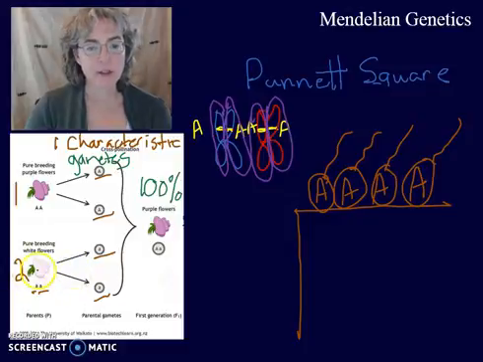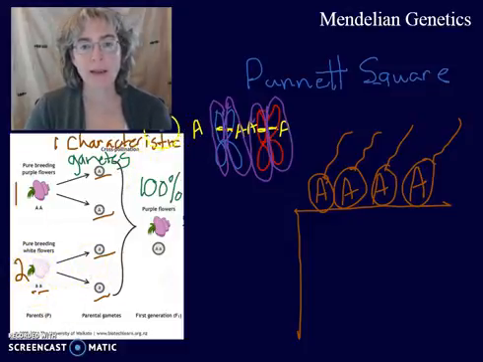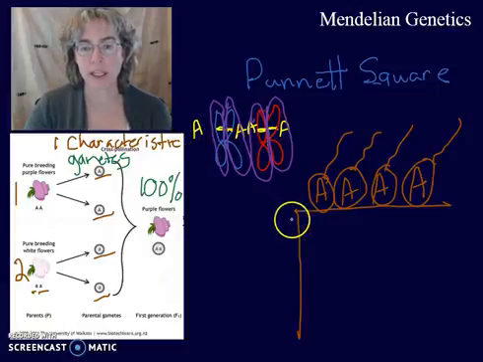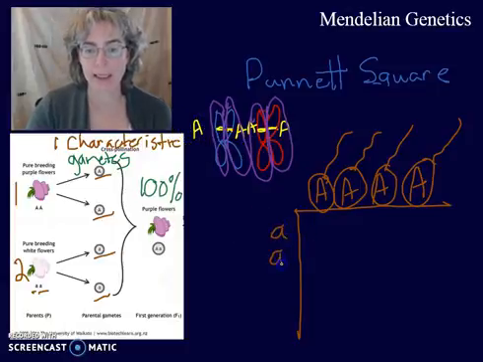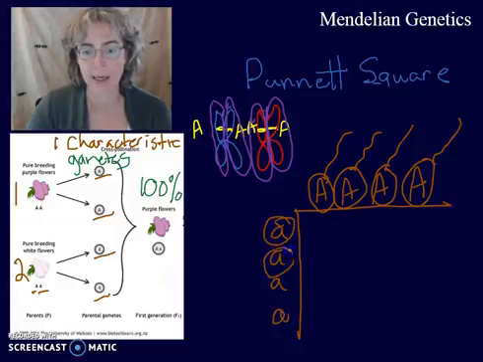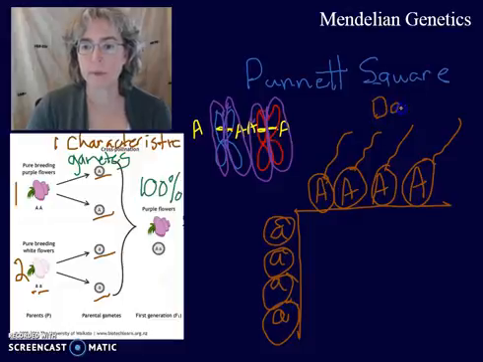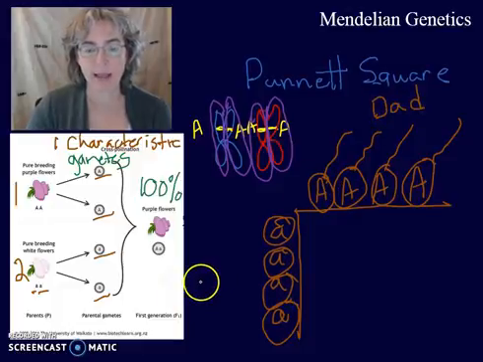And then this individual, if it's true breeding white, then we know that all of these alleles are little a, little a, little a, little a, and you can say these are the eggs from mom. So these are the gametes from dad, and these are the gametes from mom.